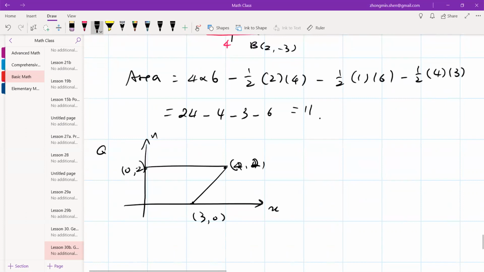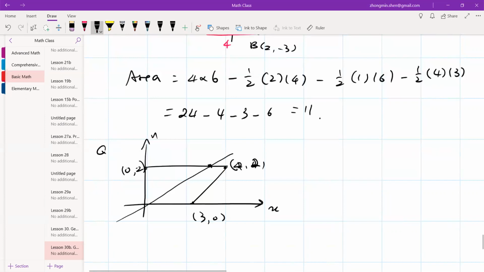So can you find the line such that this line divides the region, this is a trapezoid, right, into 2 regions of equal area? So find the line.